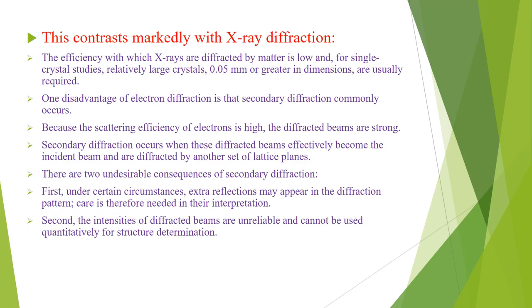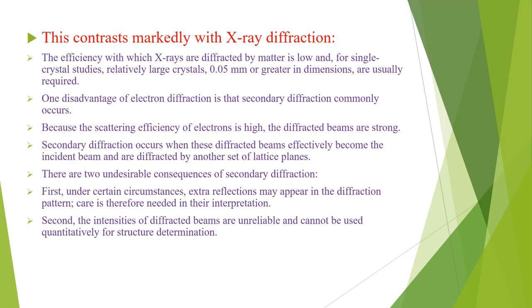One advantage of electron diffraction is that secondary diffraction commonly occurs because the scattering efficiency of electrons is high and the diffracted beams are strong.